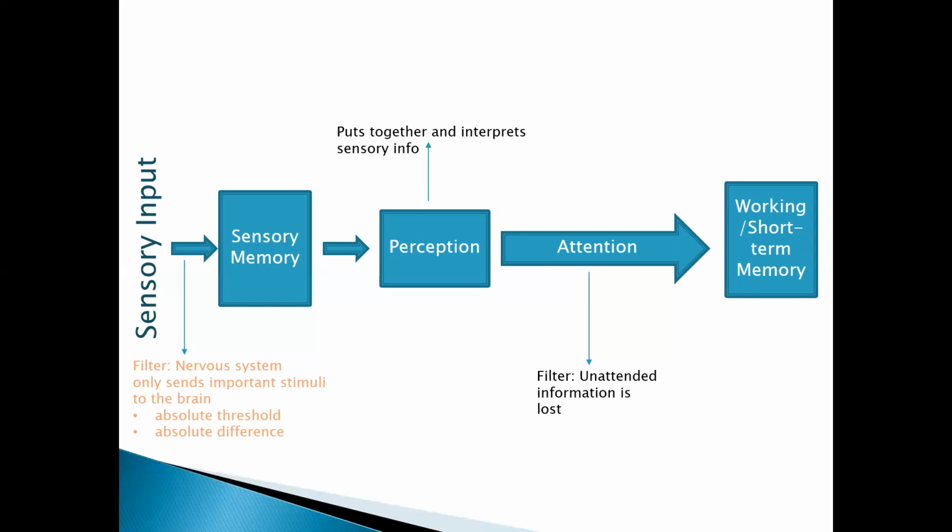The first filter is this idea of an absolute threshold. The absolute threshold is the minimum strength of that energy that is needed to be turned into a sensory code and sent up to the brain. Some things that aren't strong enough or salient enough or abundant enough aren't even registered in the brain.